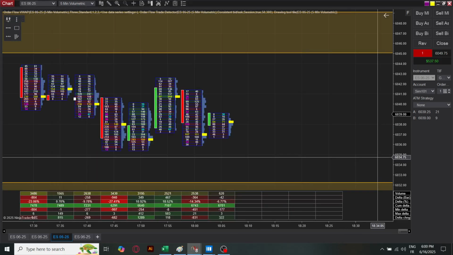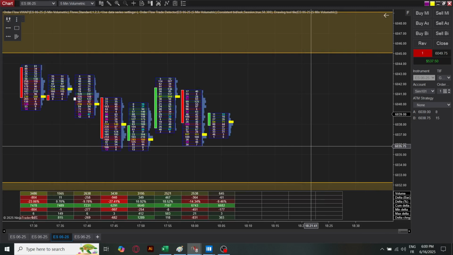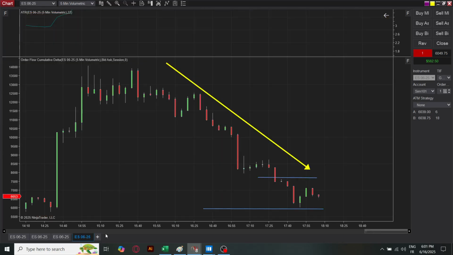This position took me about 3 hours. I mean 2 hours. Now I'm standing at 2R, which is a 2 risk reward ratio, or 0.4% in my CFD account, because I'm risking 0.2.